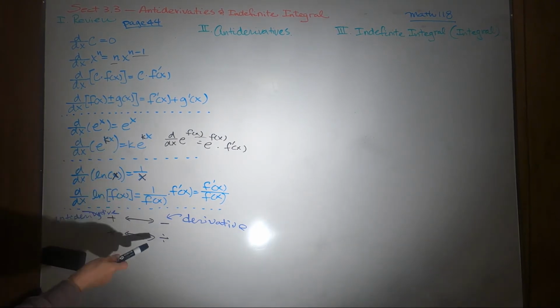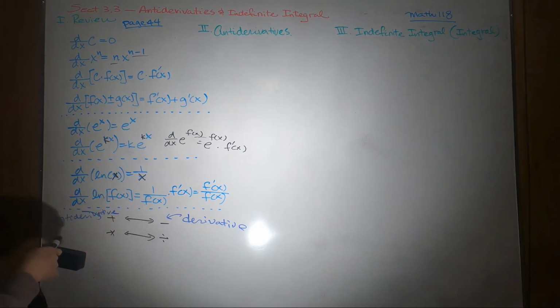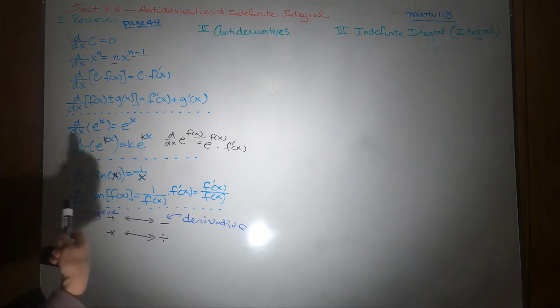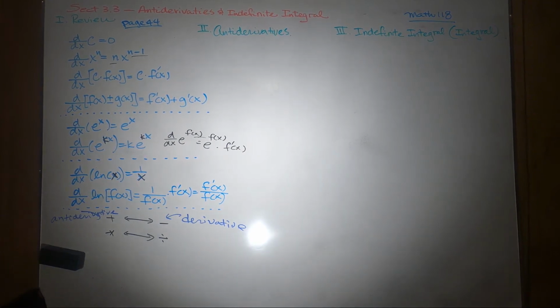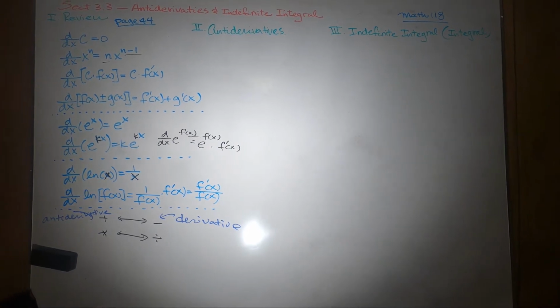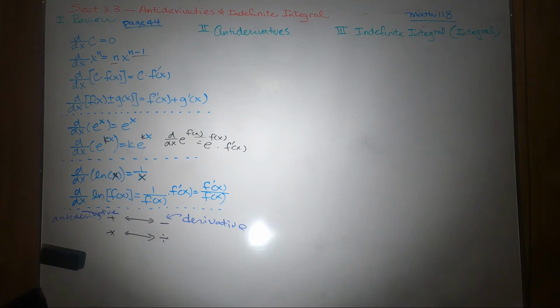One is reducing, one is adding them back. We call that the integral, for adding them back. So we can call them antiderivatives. Let's see how we can do that.